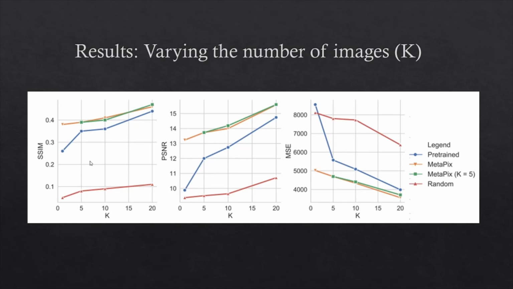So SSIM and PSNR are the variables that we want to maximize. So these indeed are the highest. If we look at MetaPix with k equals 5 samples, it actually performs as well or better than MetaPix with k equals 20.